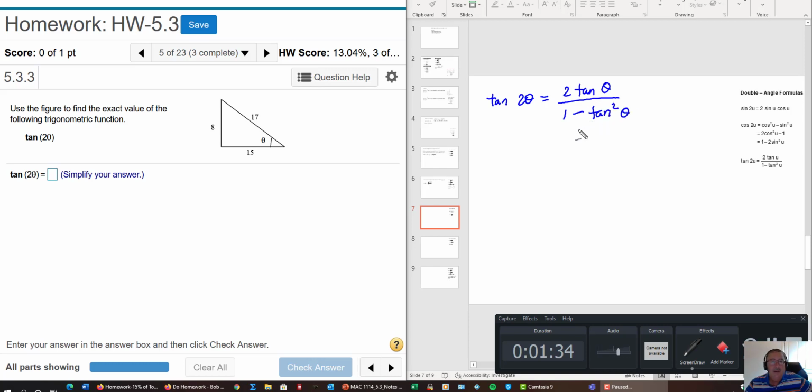All right, so the tangent of theta here, if you look at this triangle, would be opposite over adjacent, y over x. We're going to put 8 over 15 in there, so it would be 2 times 8 over 15 divided by 1 minus the tangent squared, which would be 1 minus 8 over 15 quantity squared.